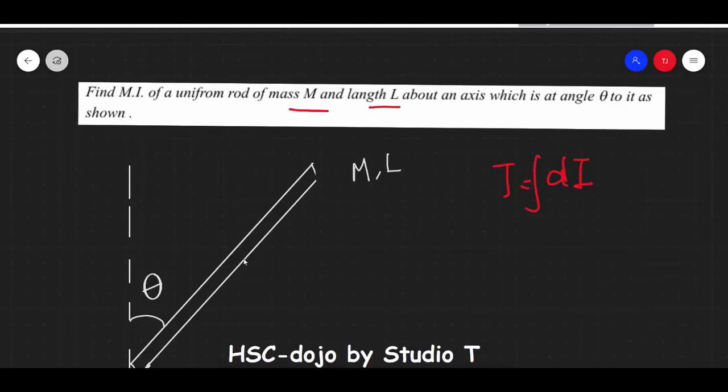So first of all, let's think the differential portion we are considering here is this red one, and let's say the length of the differential portion is dl.